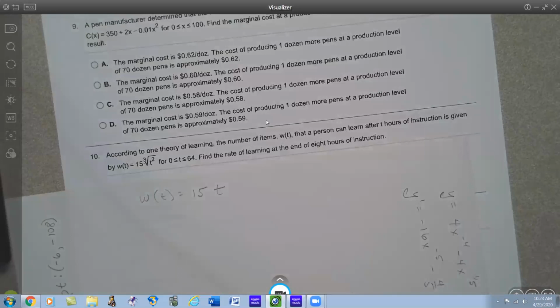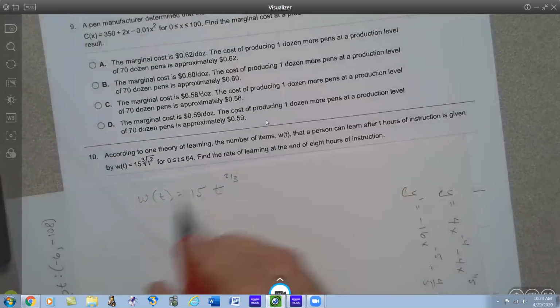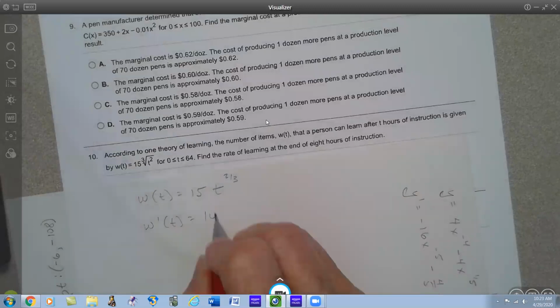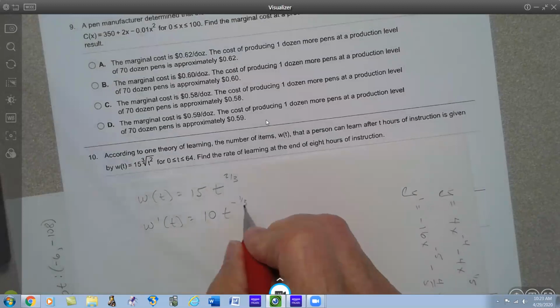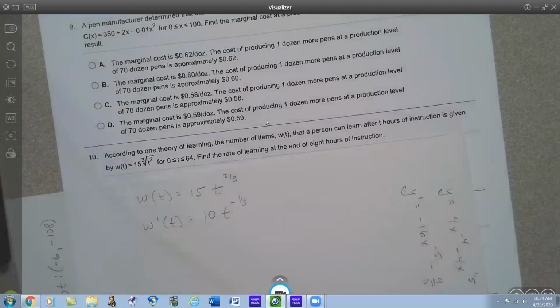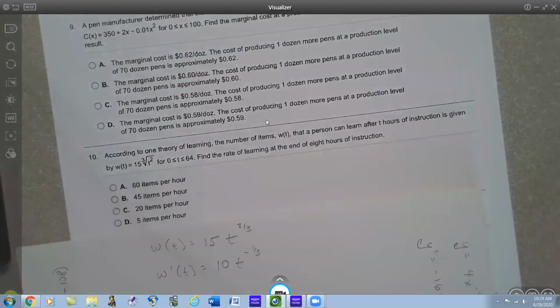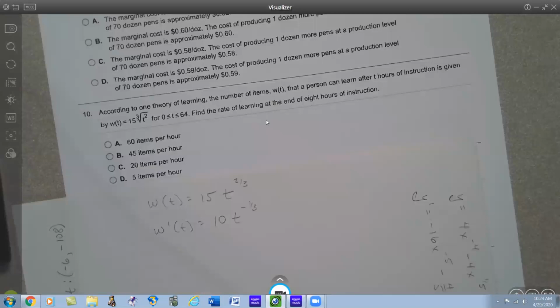So since they want us to find the rate, let's go get the derivative. 2/3 times 15, I believe, is 10. T, subtract 1. So I need to find the rate of learning at the end of 8 hours of instruction.